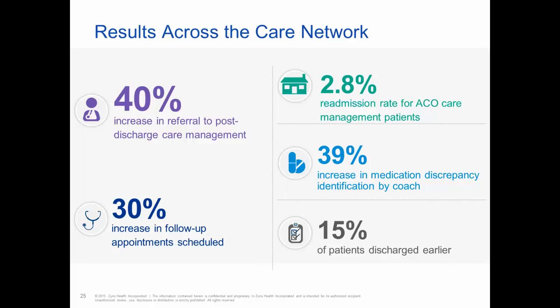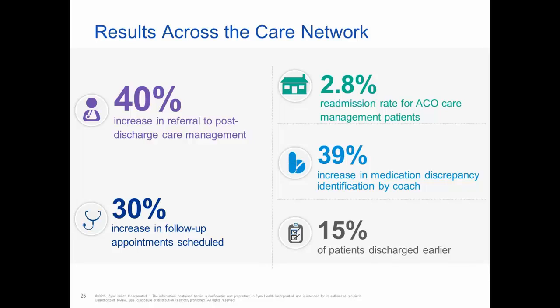If that information was not delivered to that coordinator in time, oftentimes they may not even make the appointment. The patient may have already been discharged, and we've all seen studies that say if the patient is involved in making that appointment prior to discharge, the likelihood of them keeping that follow-up appointment is much higher. So that 30% number has a big effect on their patient satisfaction as well as readmission rates.